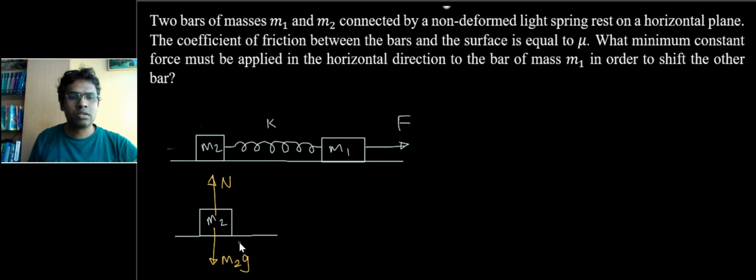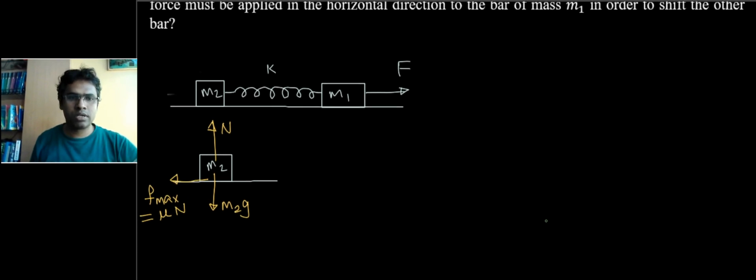The maximum possible friction that the surface applies on this part is mu times normal. So this friction force is mu times m2g.